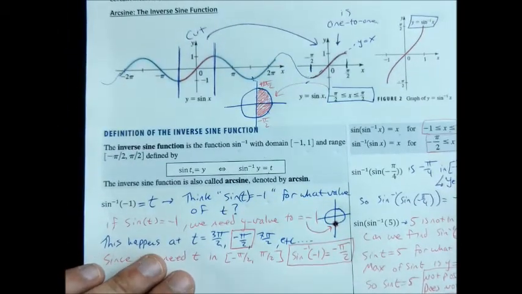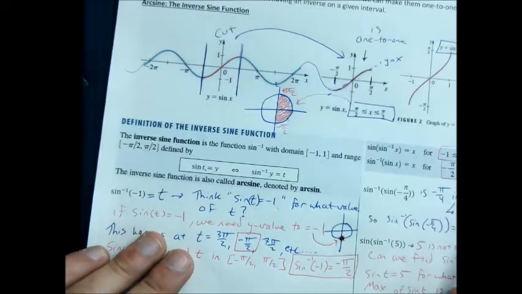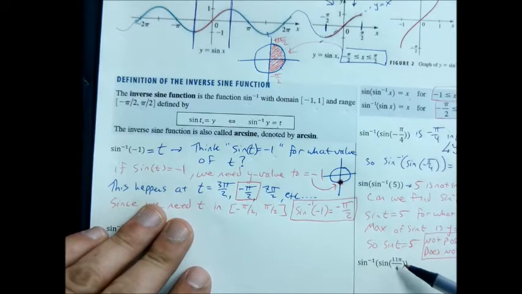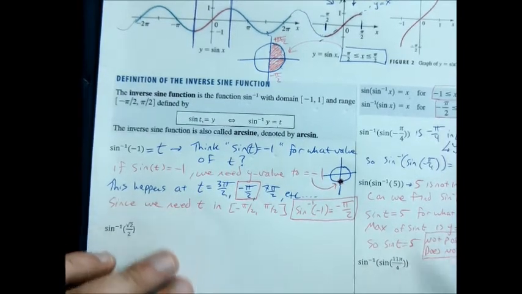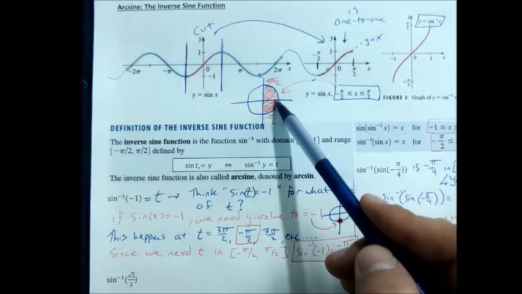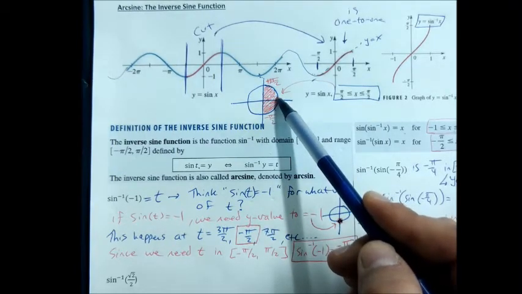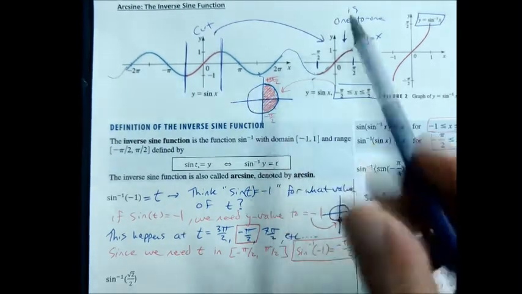11 pi over 4 would be 11 steps of pi over 4, or we could think about it as 2 3/4 pi. And so if we were on this graph, that would take us all the way around and then another 3 steps. 1, 2, 3. So that's like over here.